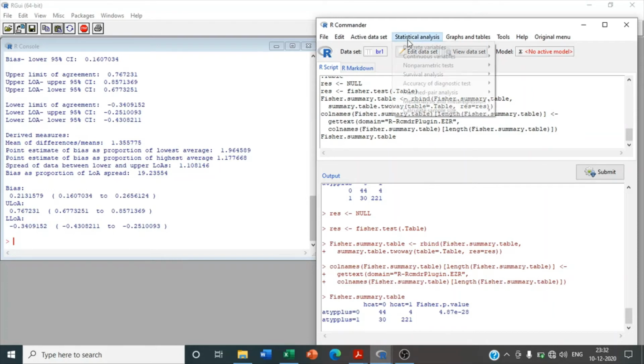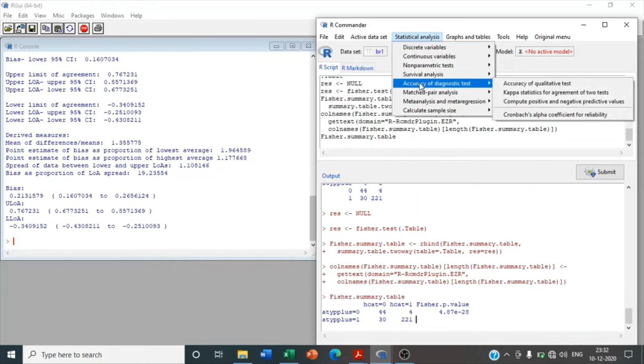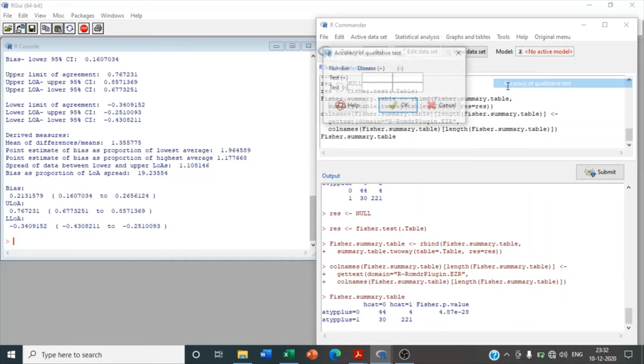Now let us get into the sensitivity specificity analysis, accuracy of diagnostic test, accuracy of qualitative test. What is disease positive and test positive? This is what is positive for the test, 1, and biopsy 1, 221. What is test positive but actual disease negative?